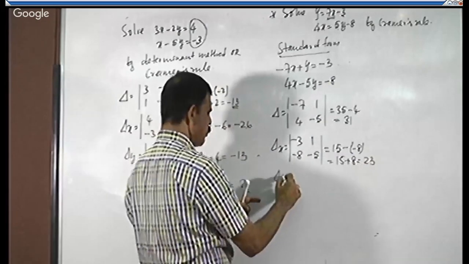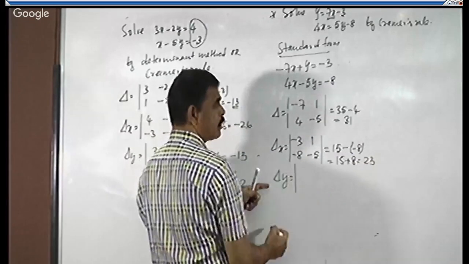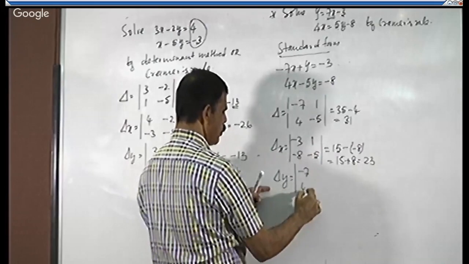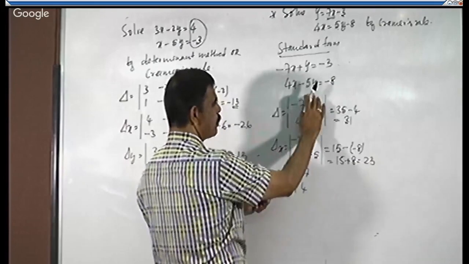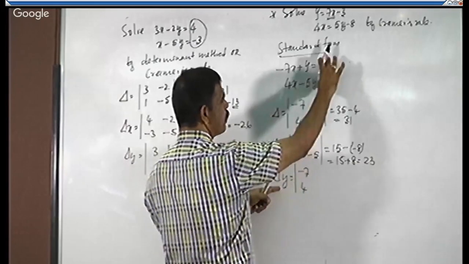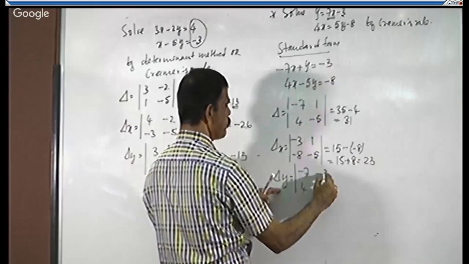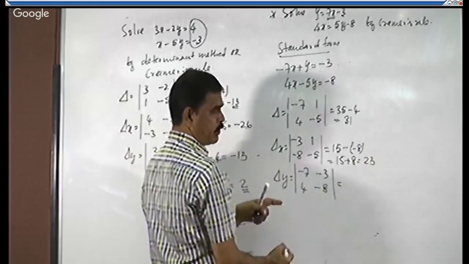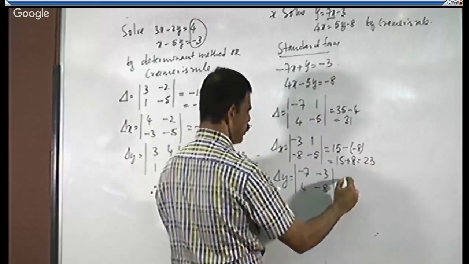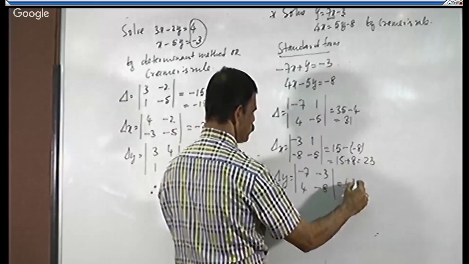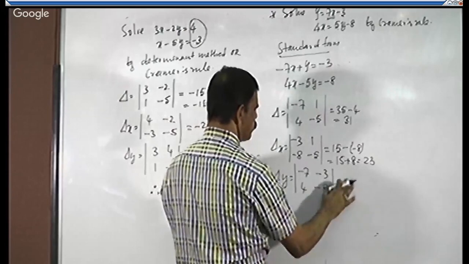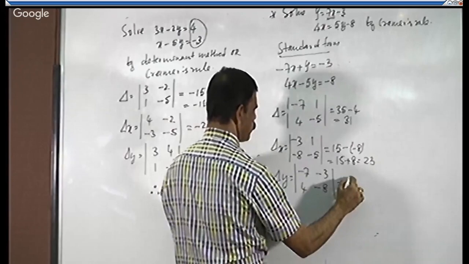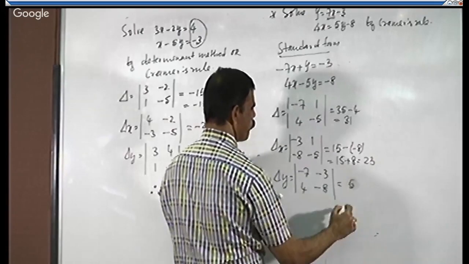Then write delta y. Delta y is equal to what? x coefficients have to be taken as they are. y coefficients in delta should be replaced by constants, right? Minus 7, minus 3; 4, minus 8. Expanding: minus into minus plus, 7 into 8, 56.